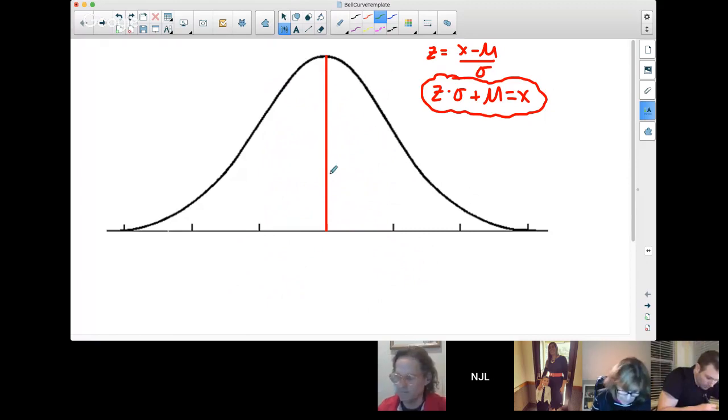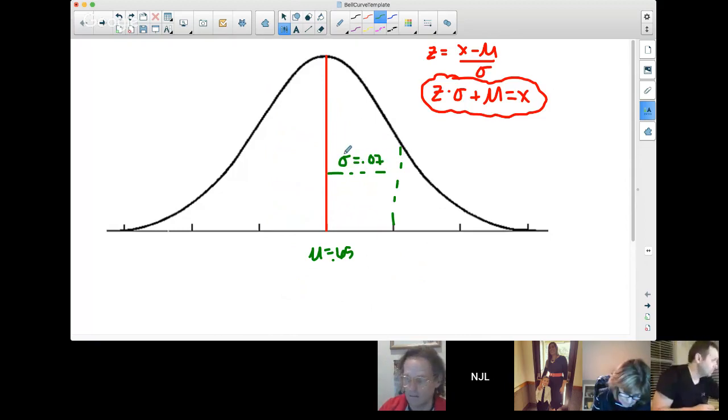So z times standard deviation plus the mean equals x.